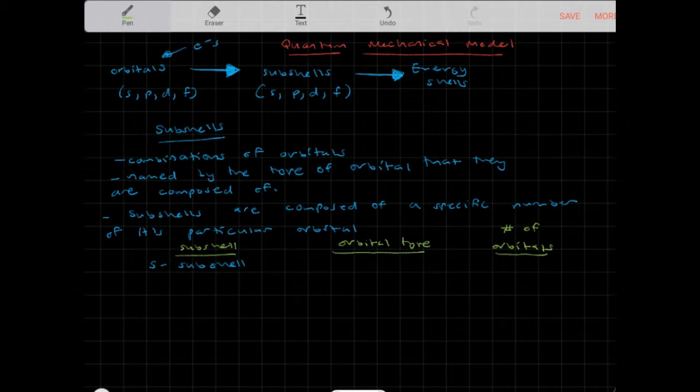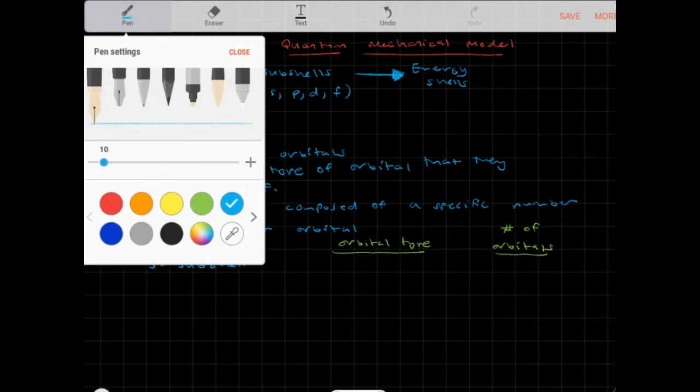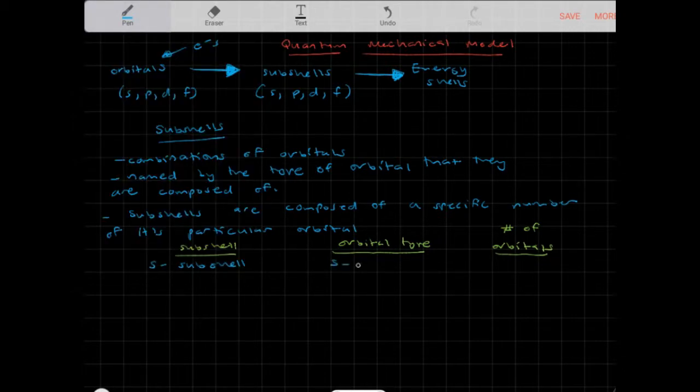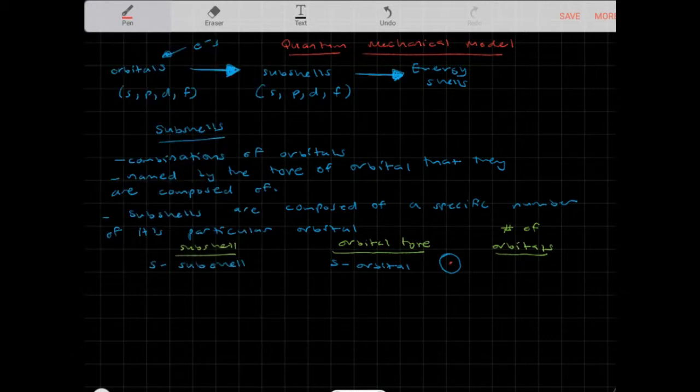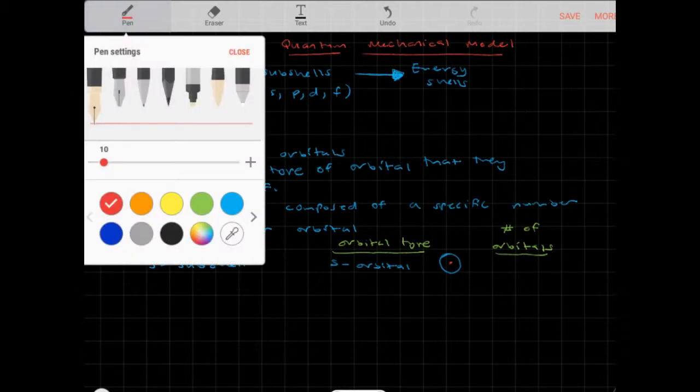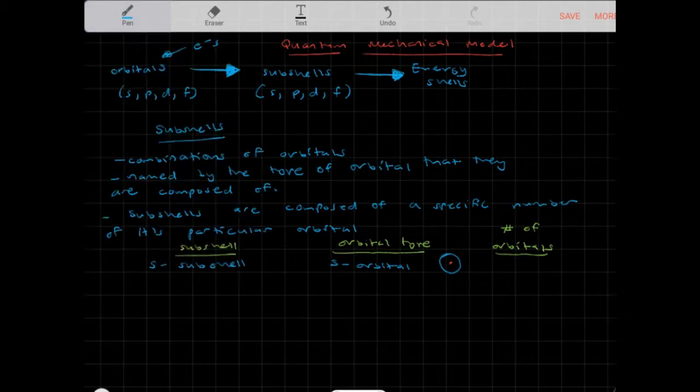Okay, so the S subshell is made up of S orbitals, right? The spherical orbitals, we stated that it kind of looks like this, and the node is found here. The S subshell is made up of the S orbital, and there is basically one S orbital that makes up a subshell. So an S orbital is effectively an S subshell, right? So there's one S orbital that you can have.